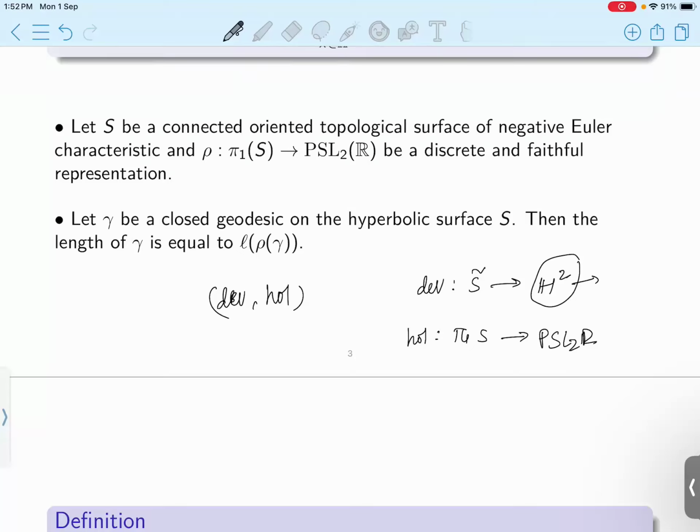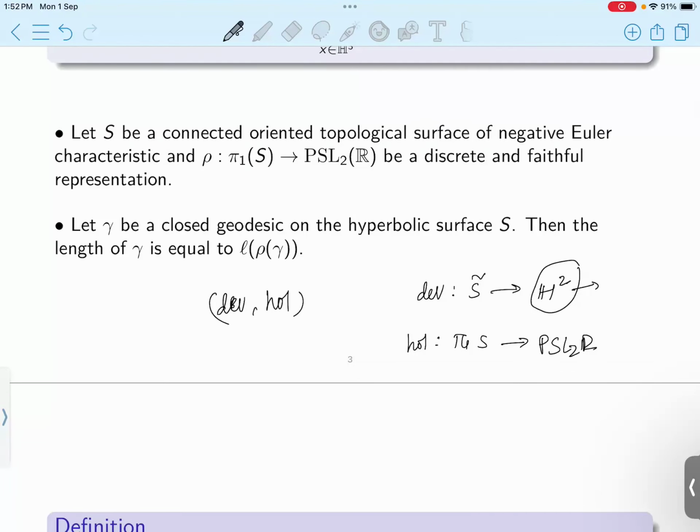Okay, this is a homeomorphism, and this is the equivariant map. And this holonomy in our case becomes the rho.